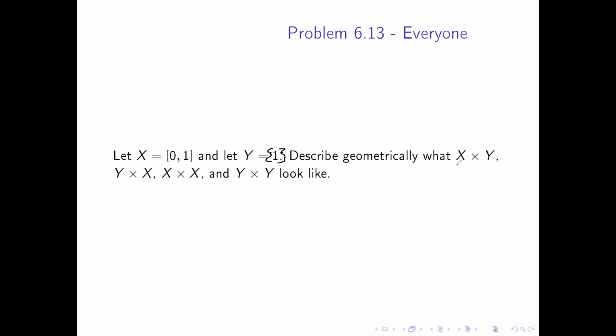Now, what are X cross Y, Y cross X, X cross X, and Y cross Y? What do those look like? Think about it geometrically, the same way, looking at the Euclidean plane: what would each of these look like? All right, so there's your first one.